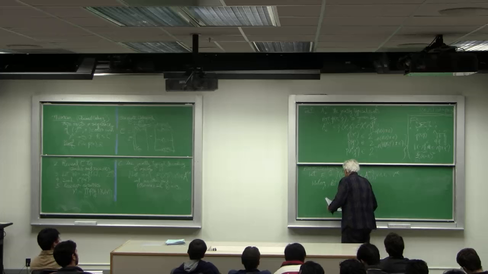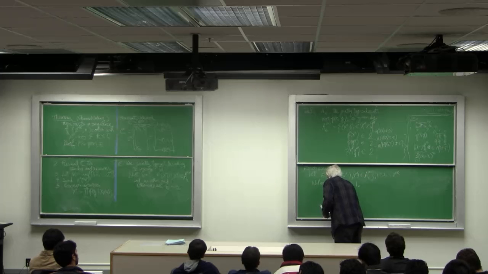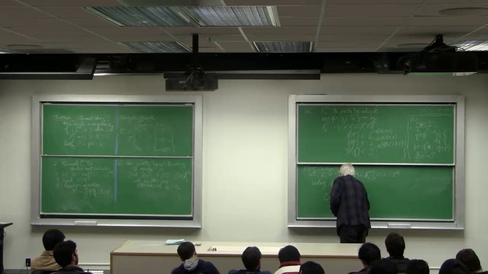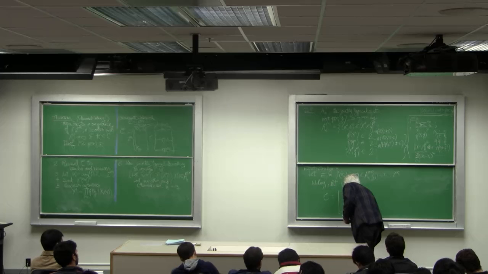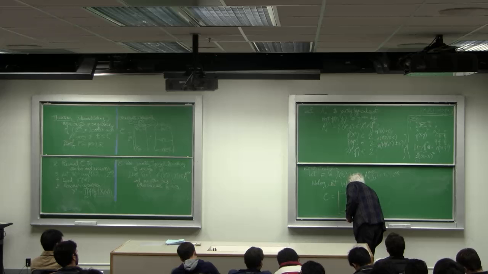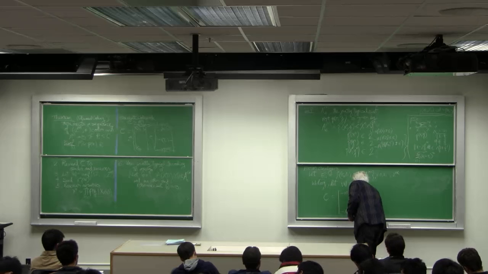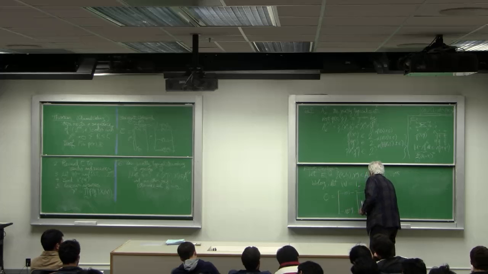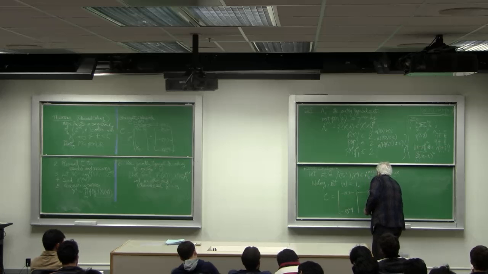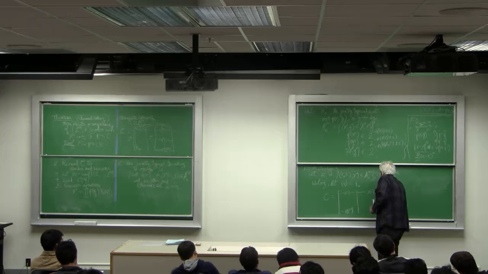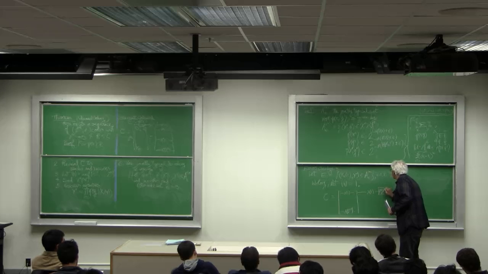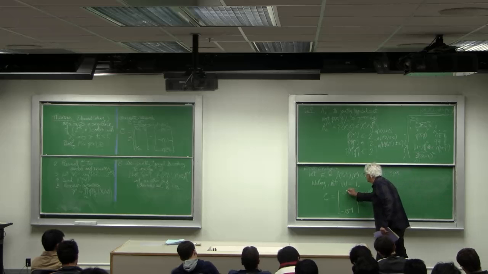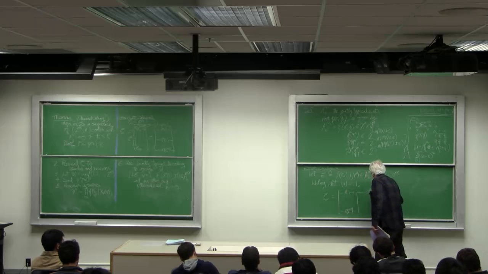So here it is. Here's my code book. X1, X2 to the NR. I'm going to run this through the channel. X1 through the channel P of Y given X, and I get Y. I better put ends on these, Xn, Yn.